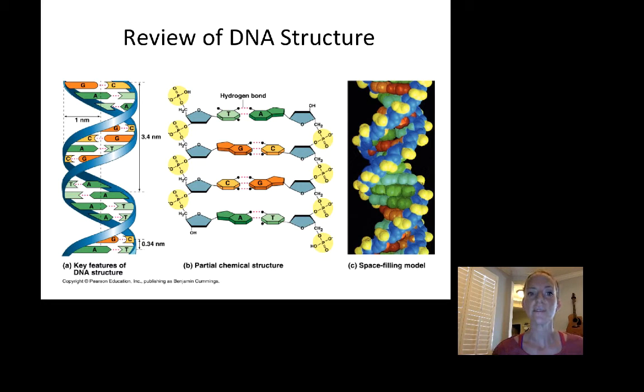So just as a review of DNA structure, DNA is made up of a phosphate backbone with nucleotide bases that are labeled by these letters T, G, C, and A. And there are two strands to DNA.